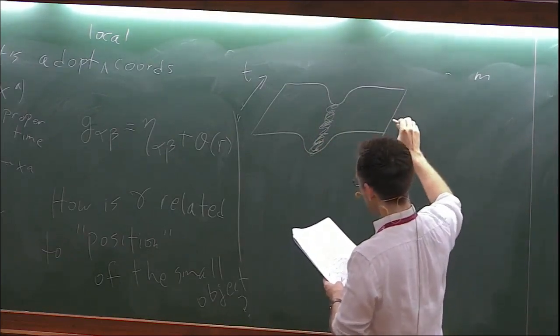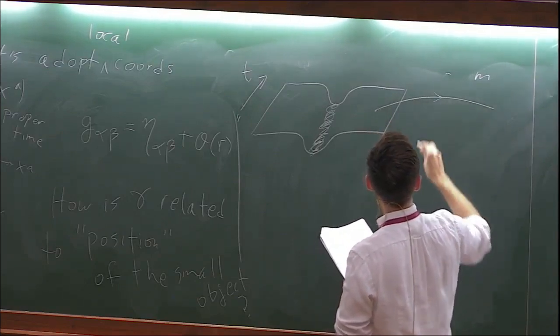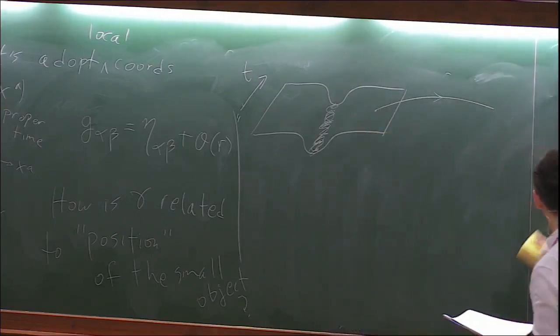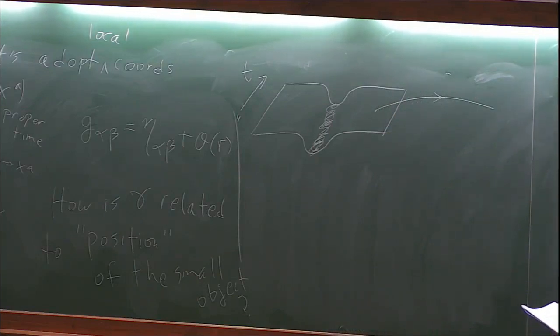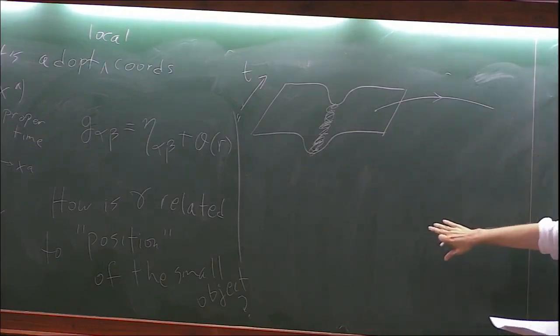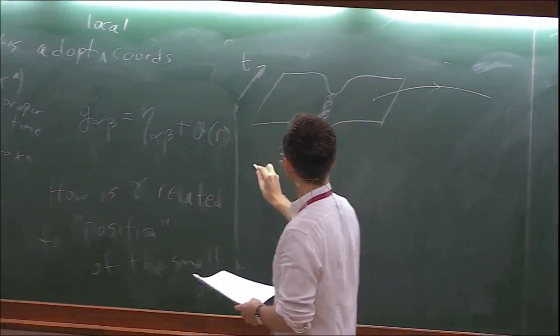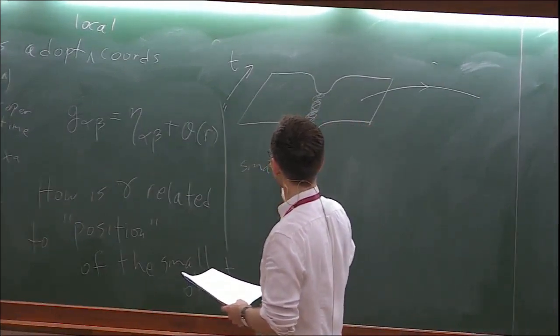And now we're performing two different expansions of this around two different background metrics, and therefore potentially around two different manifolds. Particularly if this is a black hole, the manifold in the outer expansion will be different than the manifold in the inner expansion. So this is the small object here.